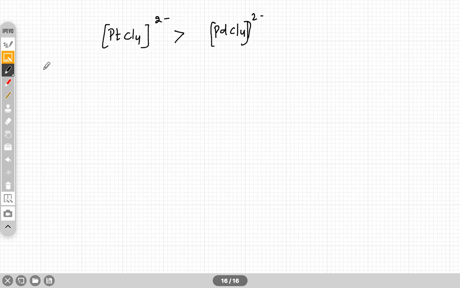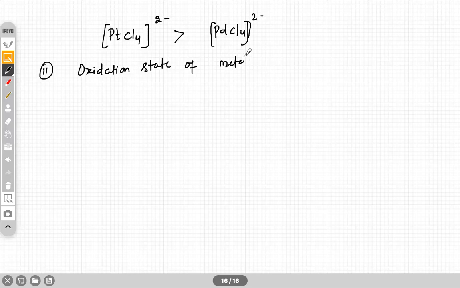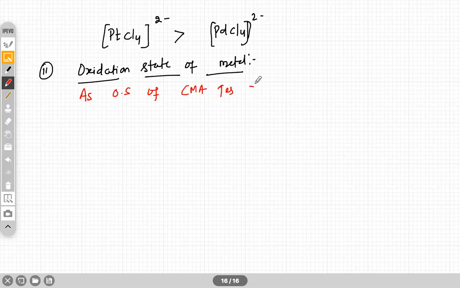The second factor we have is the oxidation state of the metal. As the oxidation state of the CMA, central metal atom, increases, splitting increases.